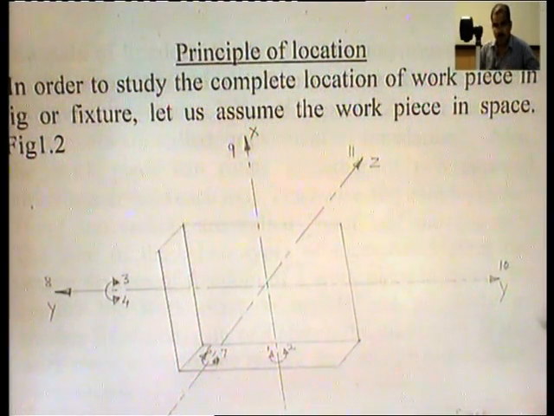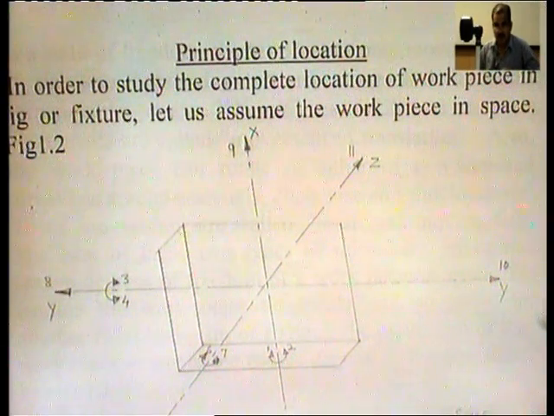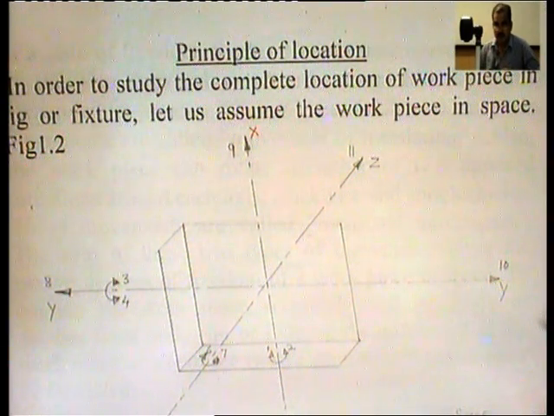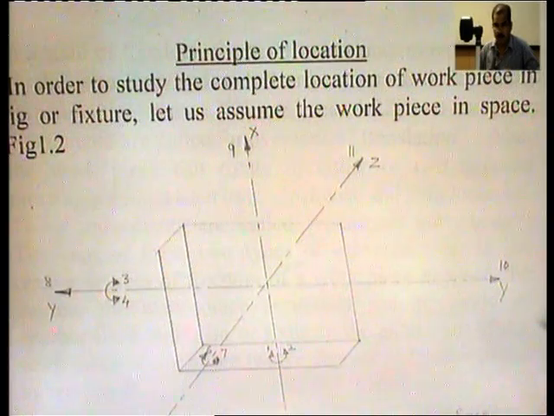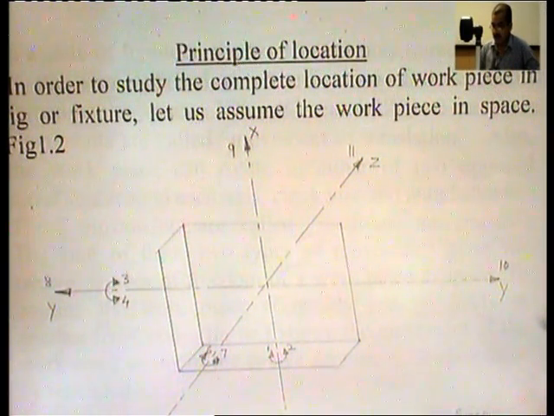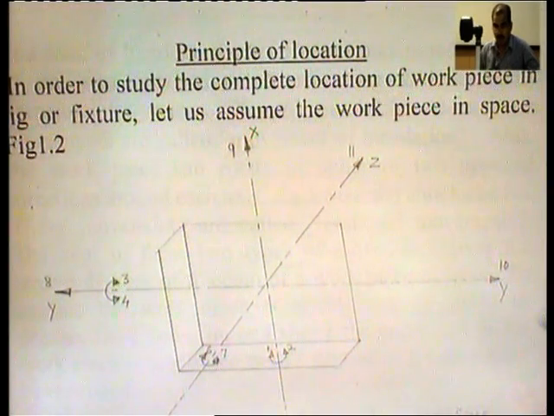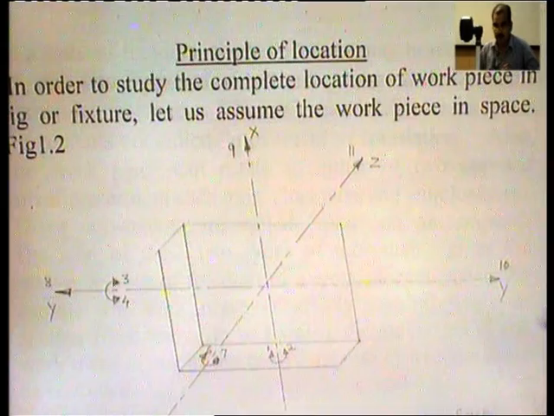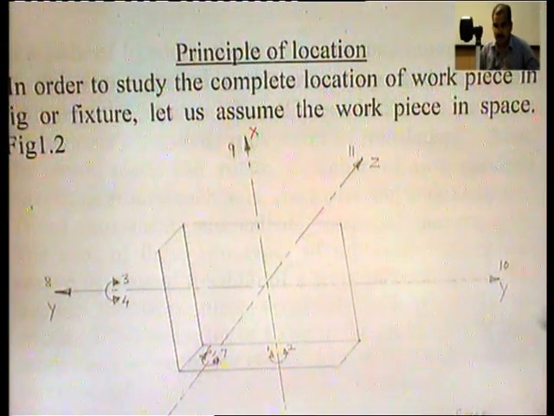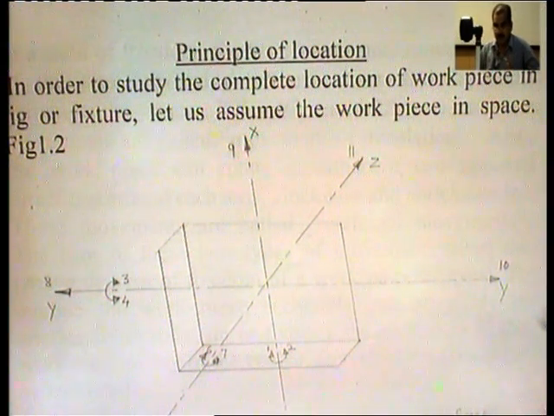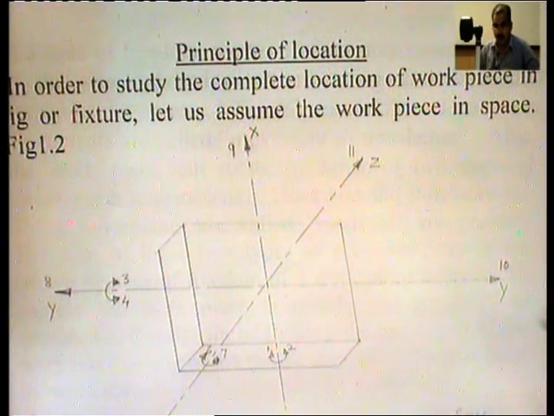In order to study the complete location of a workpiece in a jig or fixture, let us assume the workpiece in space. Now, you can see on your monitor we have a rectangular plate. Assume that it is in the space, no support is there. Now, we have three axes.